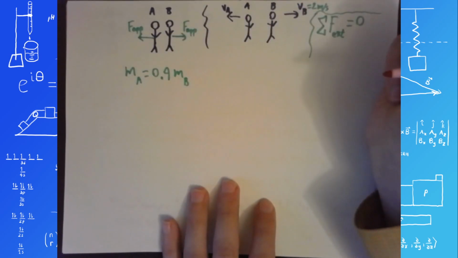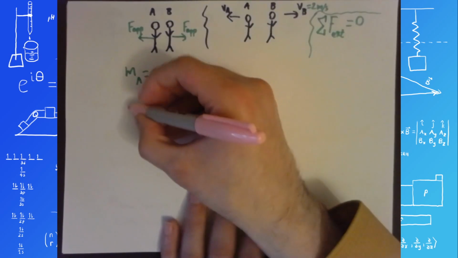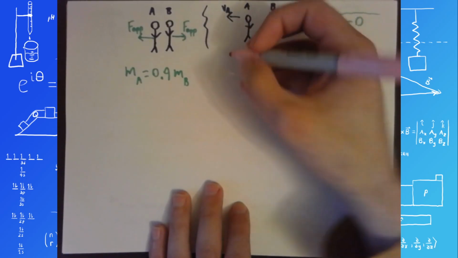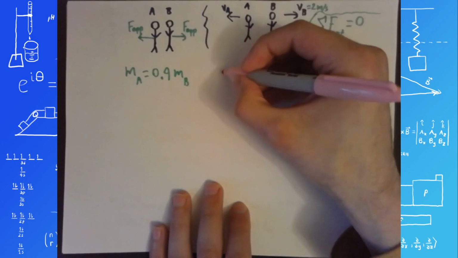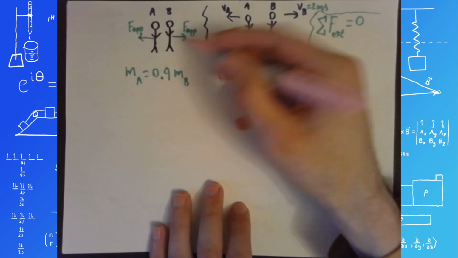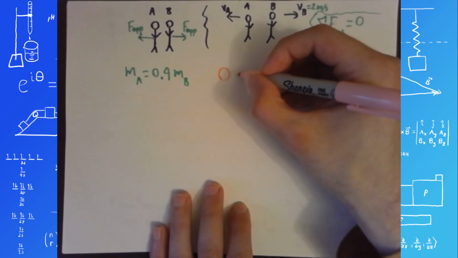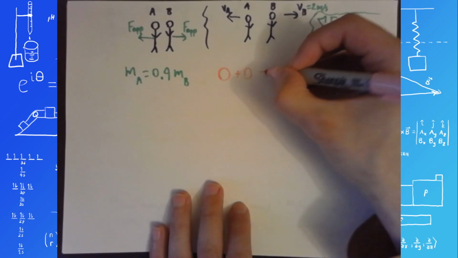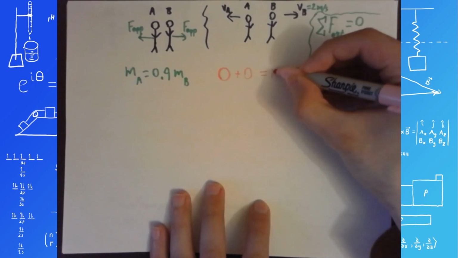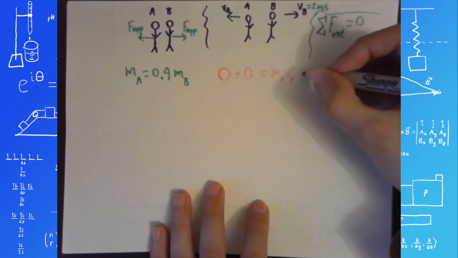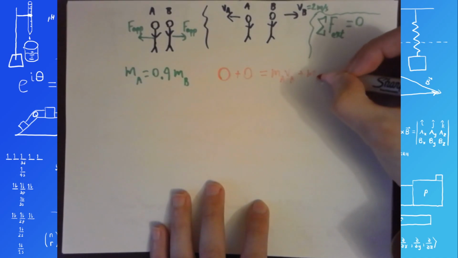So we can do initial momentum equals final momentum. Initial momentum is 0 before one of them pushes the other. So their initial momentum is 0 for the first person plus 0 for the second, equals MAVA plus MBVB.